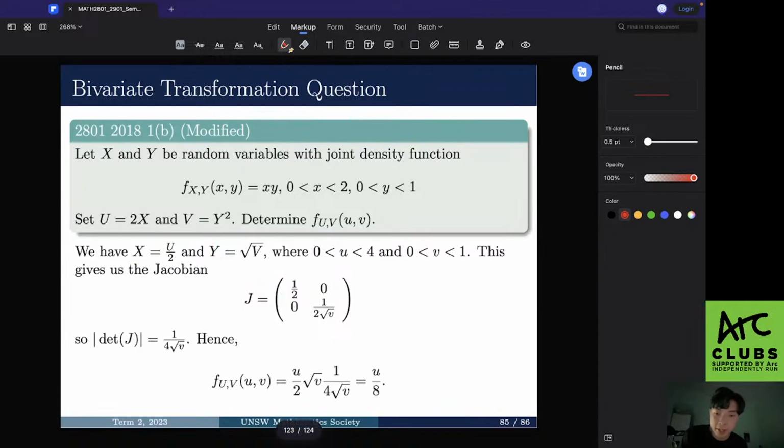And then we can find the determinant by multiplying these two and subtracting the product of these two to get 1 on 4 root v. Then what we've done is we've taken our x, replaced it with our function of x, taken our y, replaced it with our function of y, then multiplied it by the determinant to get our final value.